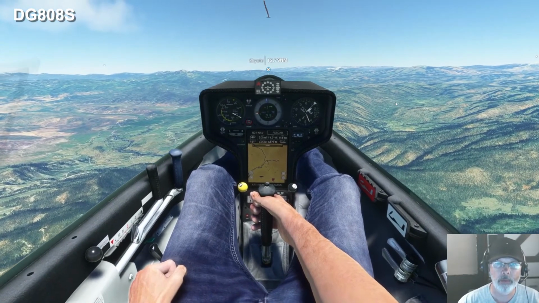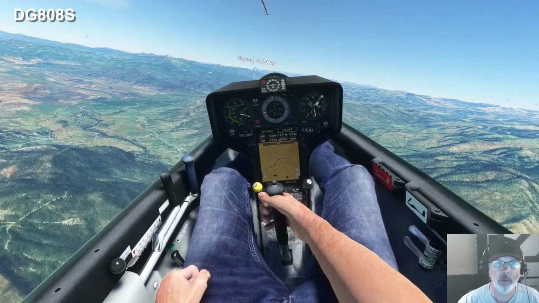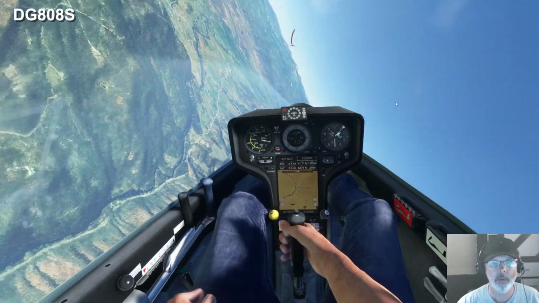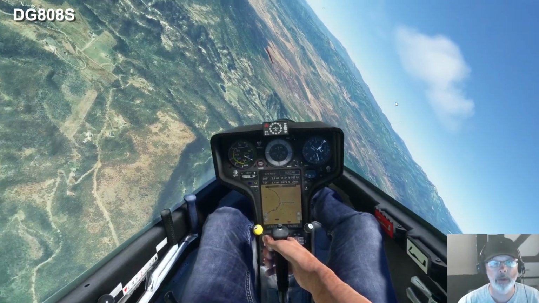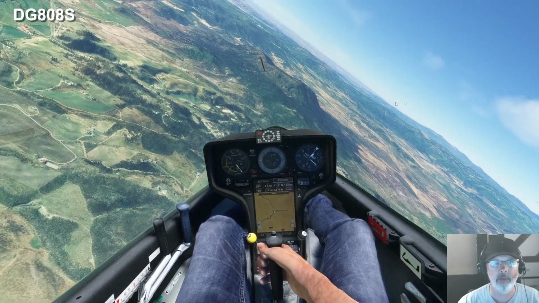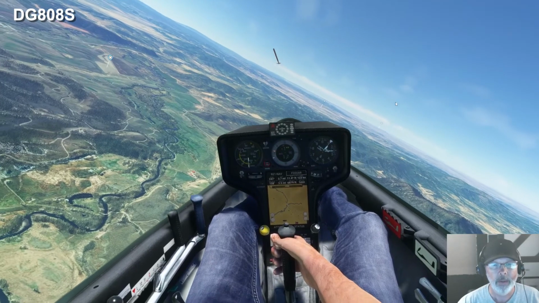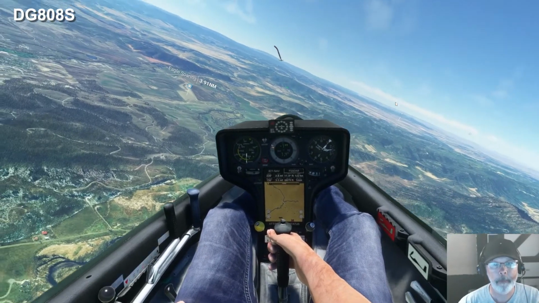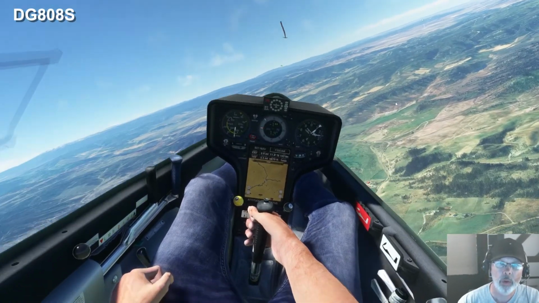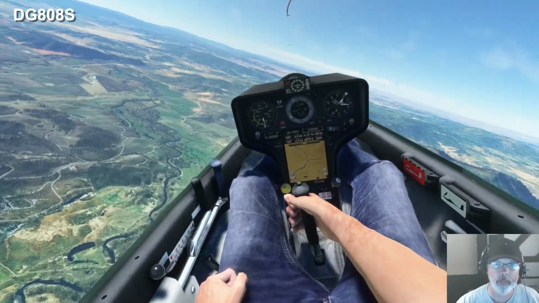Okay, the feet are off the rudders. Here we go. So that one does seem to turn a little bit to the right, but not a lot, but there's a little bit going on with this DG808. Does seem to have a little bit.